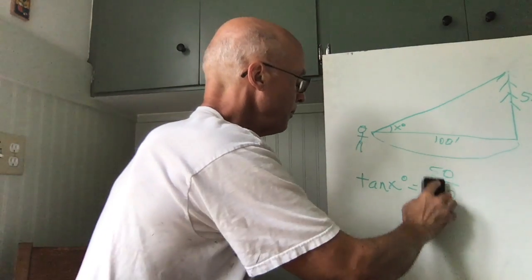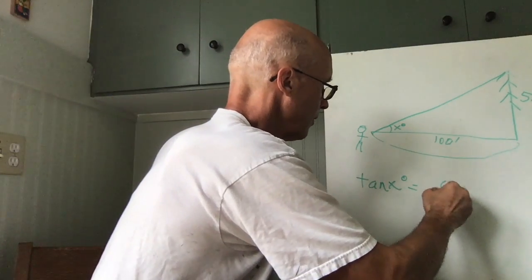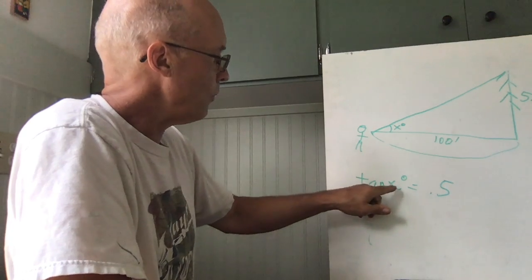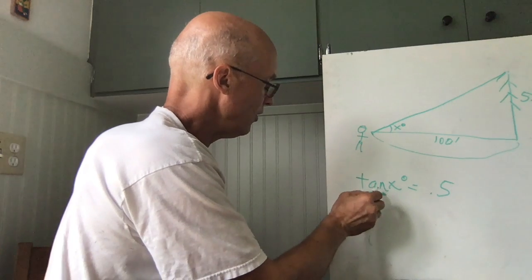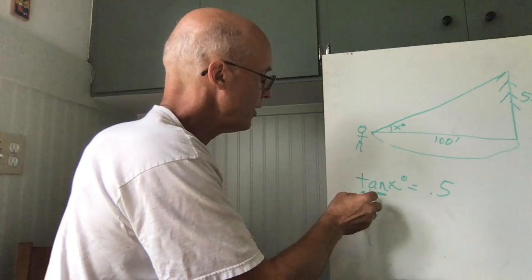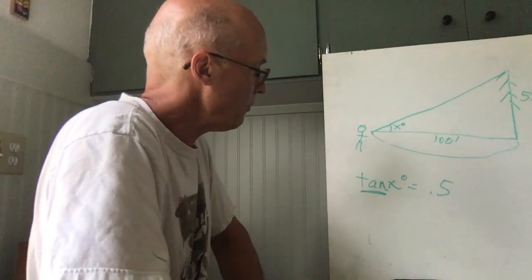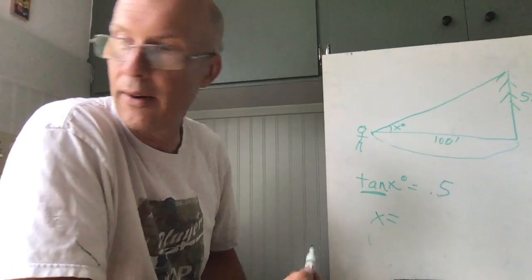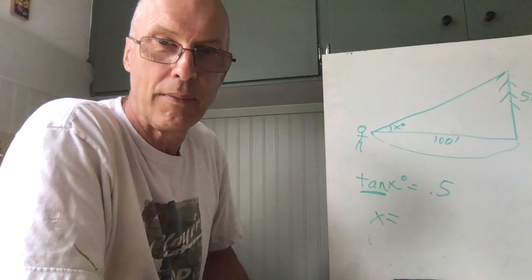Now we want to isolate x. So the way to get rid of tangent is on your calculator to do the inverse tangent of 0.5, and it's going to give you a certain degree. I don't have a calculator with me, but you can figure that out.